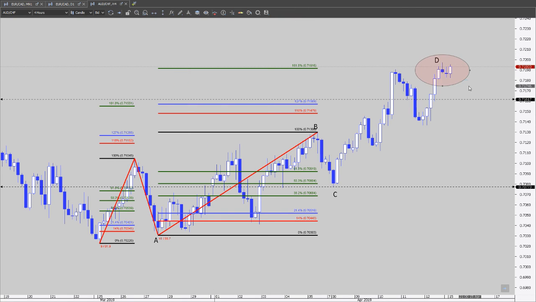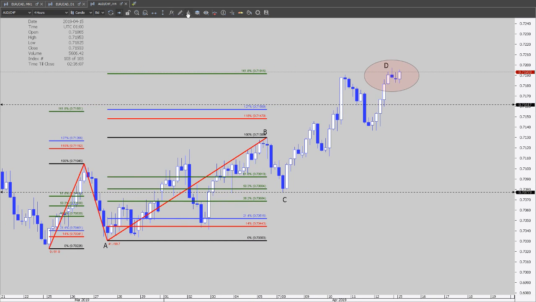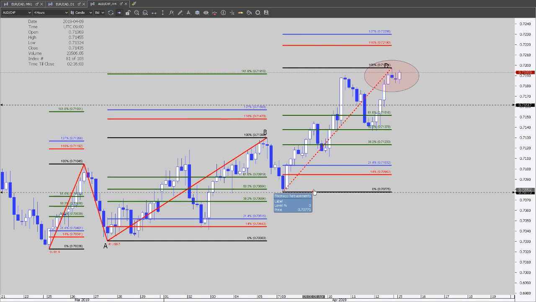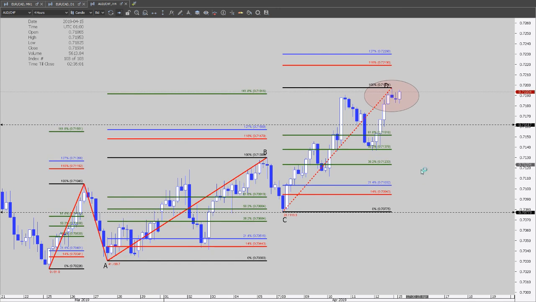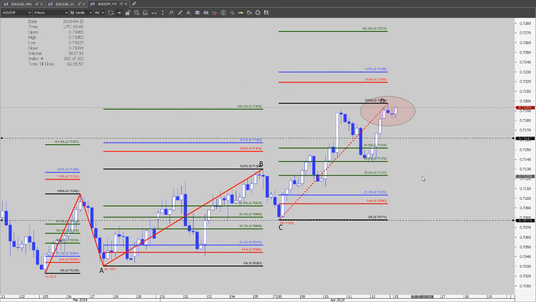Okay, so we are in the second, and as soon as the market closes the high up in here, we are going to adjust our original Fibonacci, capital A, capital B, capital C, capital D, and we can project, this is going to be the new ABCD. It's not confirmed yet, we're waiting for the market to close a high, but this is a projected Fibonacci.